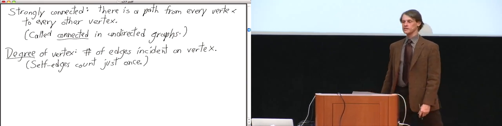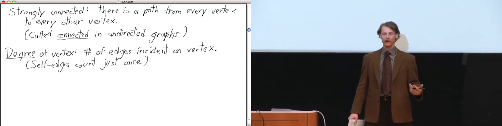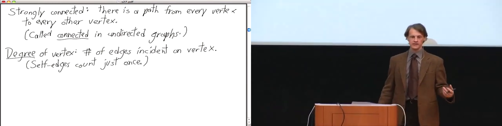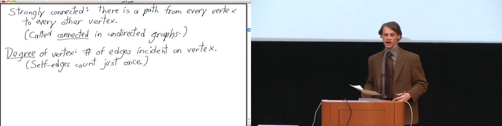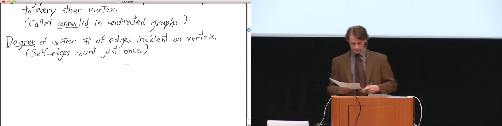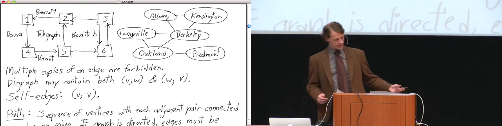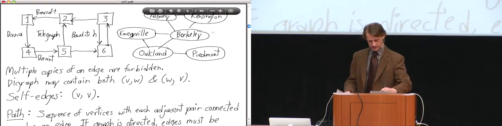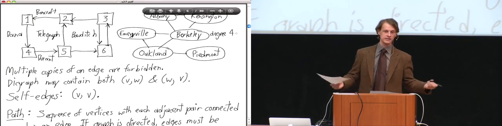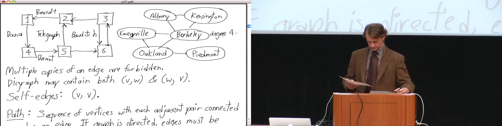Or at least they count just once in 61B. I'm told there's some math course that some of you take where they prove some theorem that requires self-edges to count twice, but we're not doing that here. So, going back to the map we had here, Berkeley has degree 4, because it's connected to 4 other cities in this graph. And Piedmont has degree 1.